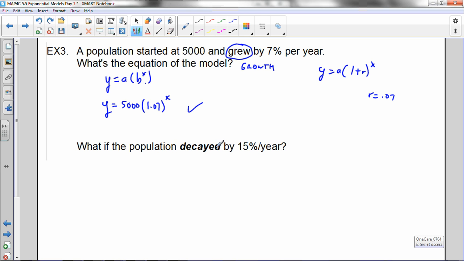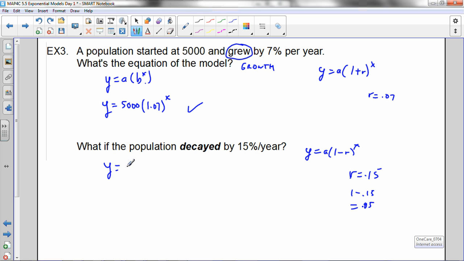What if the population decayed by 15% a year? Well, then we know that the B value would be less than 1. Right? We think of it this way because it's a decay rate. Here, the decay rate would be 15%. Right? We'll change that to a decimal, and then I go 1 subtract 0.15 is 0.85.